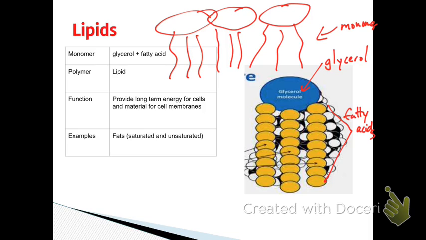Just FYI, the saturated ones are the ones that are unhealthy for us. Unsaturated fats are actually good for us, like avocado oil and olive oil. Avocado is a good example of an unsaturated fat. Fish has certain unsaturated fats that are good for you, and some people take fish oil as well. So lipids are our second example of a macromolecule.